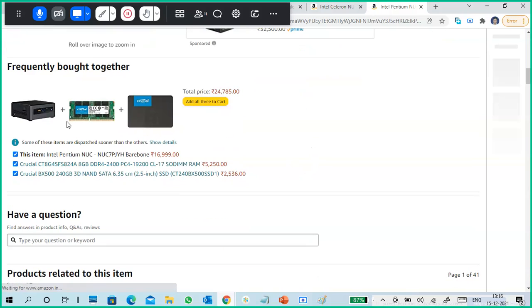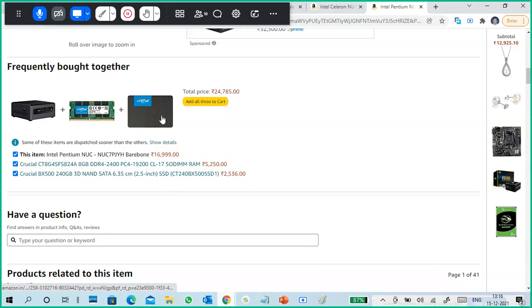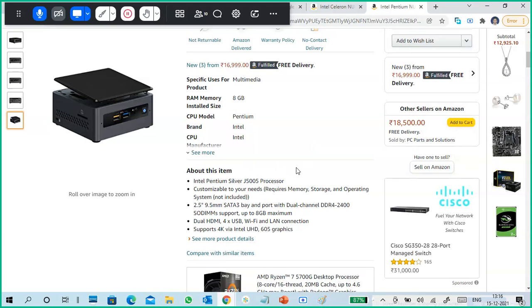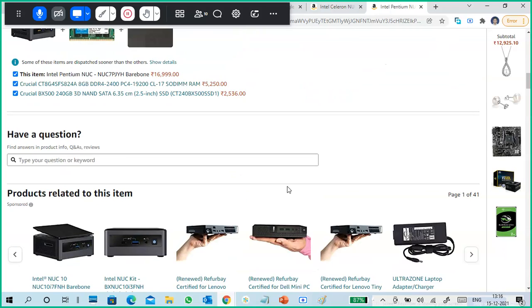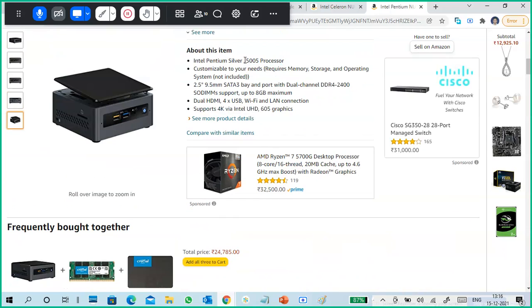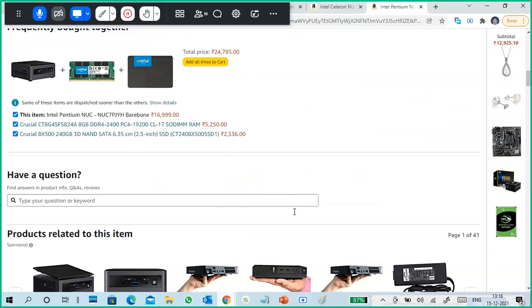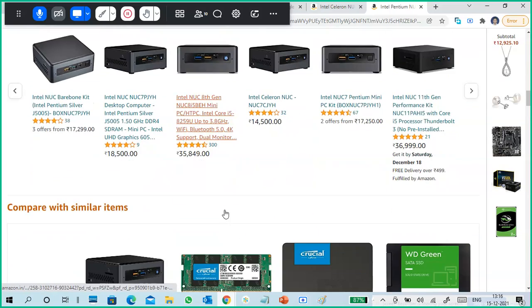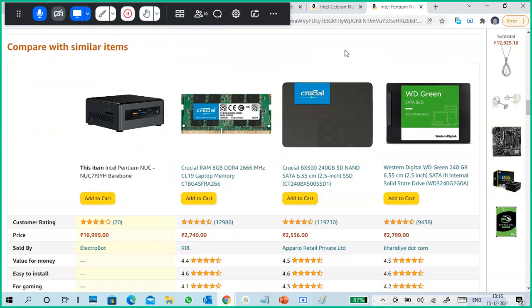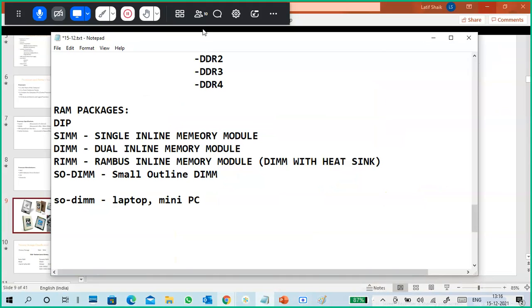You have to buy RAM and your SSDs, so the total cost is like this. It is a bare bone kind of stuff. Pentium Silver J means this is a Celeron processor. Palm size.